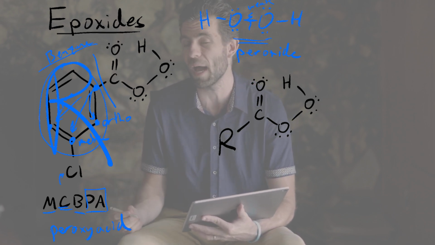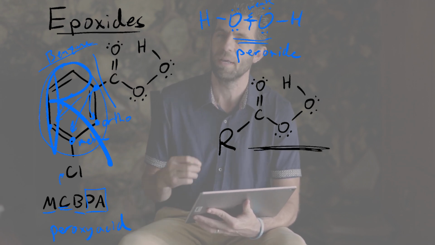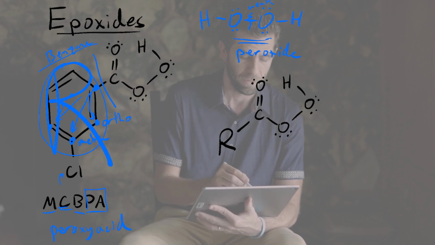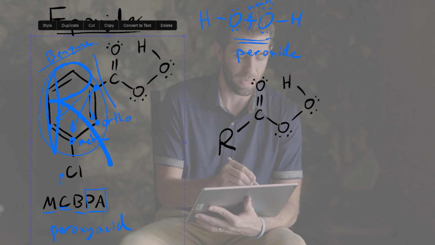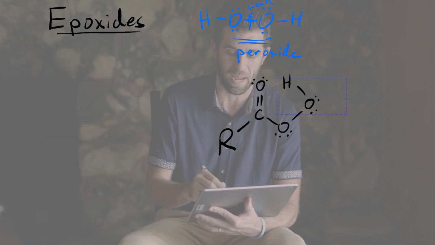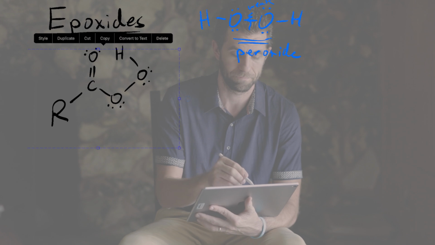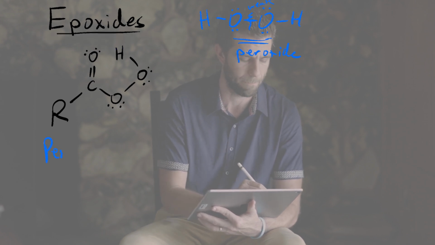Now, why do we do that? Because the peroxyacid, which is this part, is the part that's actually going to be reacting. So let's bring our peroxyacid over here now and look at how it actually reacts. Well, peroxyacids, and I'll go ahead and label this here as our peroxyacid.